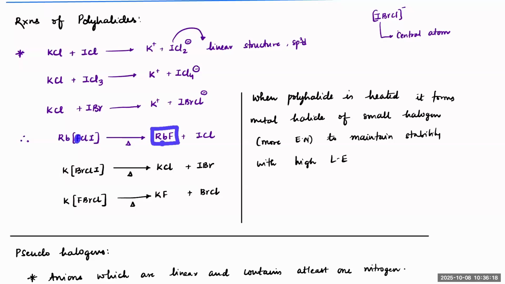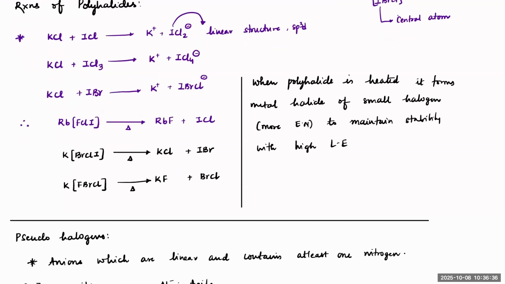So that will separate out and ICl can be released as vapors. Same way between Br, Cl and I, KCl can form and IBr can be removed out. In FBrCl, F can be removed out. This can be separated with BrCl.